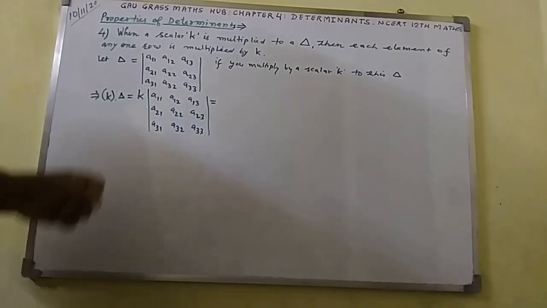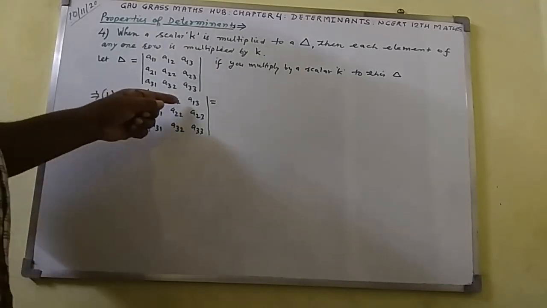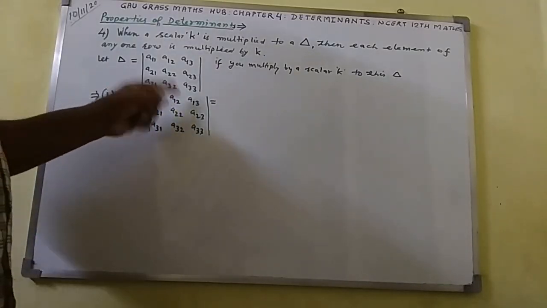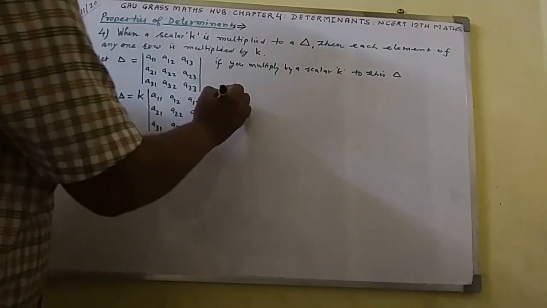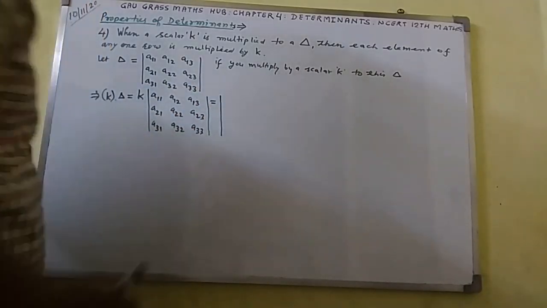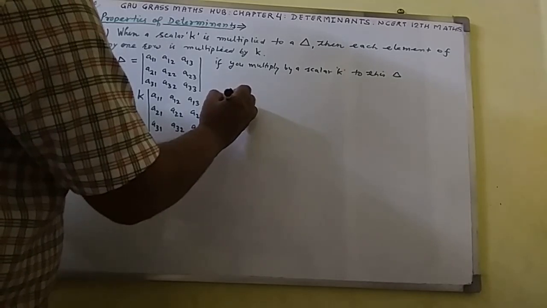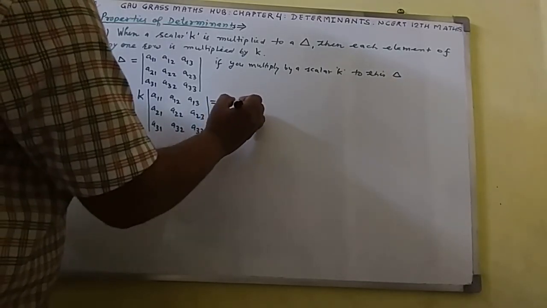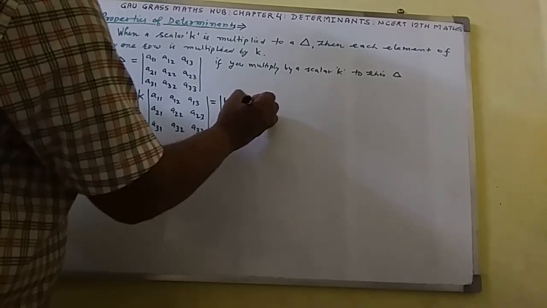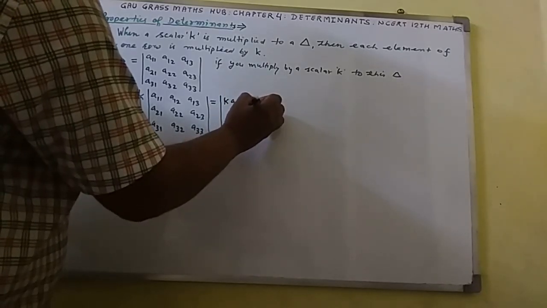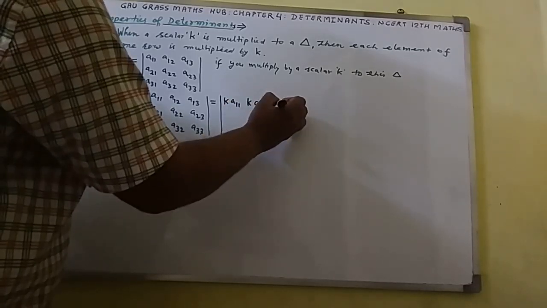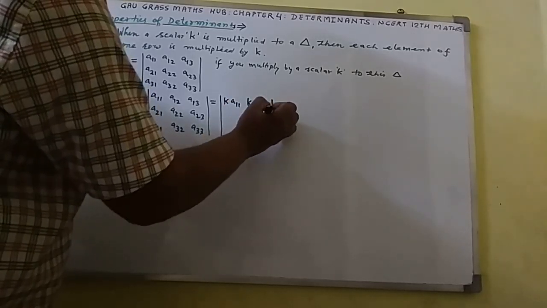So here I shall take first row. So each element of first row will multiply by k. So let us see what result will be. This will become k A11, k A12, k A13.